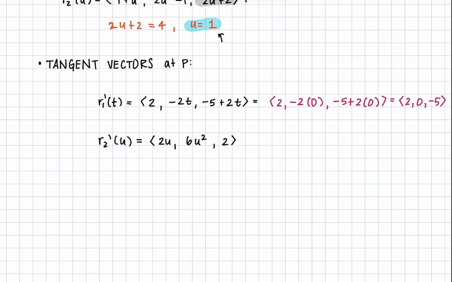And then for r2 prime of u, it's going to be 2 times 1 from our parameter, then 6 times 1 squared, 2. So this is going to be (2, 6, 2).